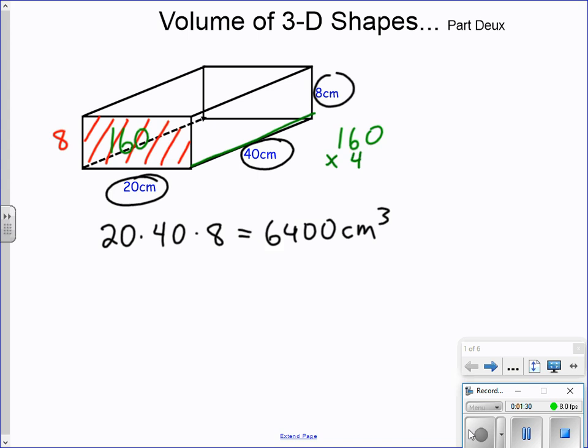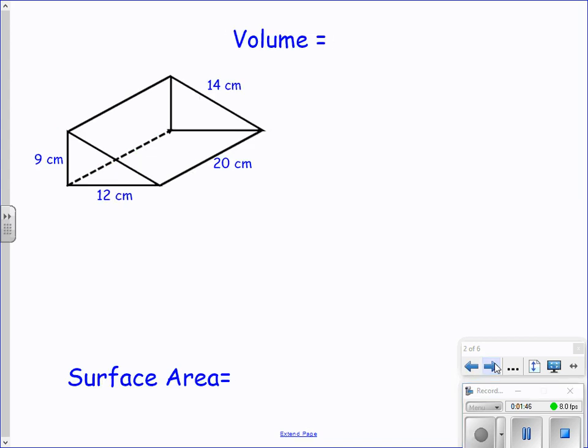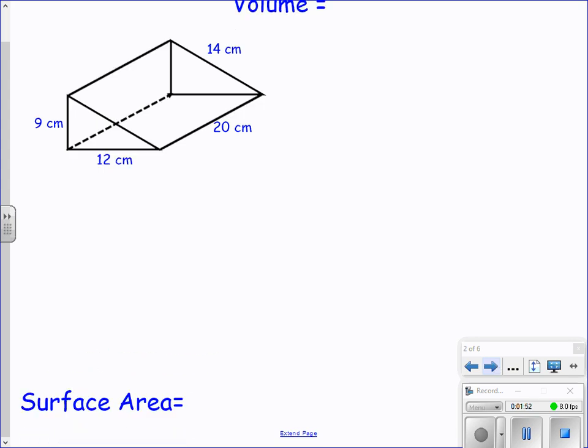There's a reason why I do it that way, because when you get into more complex shapes, it's easier to find the area of the front shape if it's a weird shape, especially, and then multiply it by the depth. So let's try some different shapes today and see if we can find the volume. First, let's get rid of the surface area. We don't need it, because today we're going to focus just on the volume.